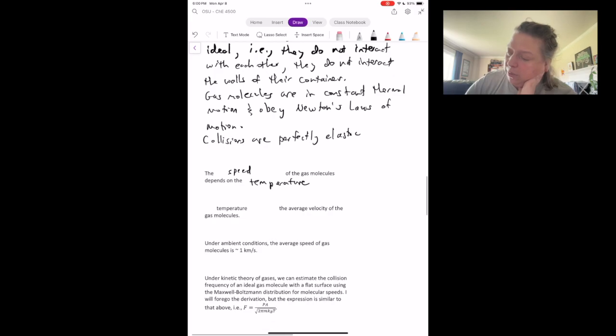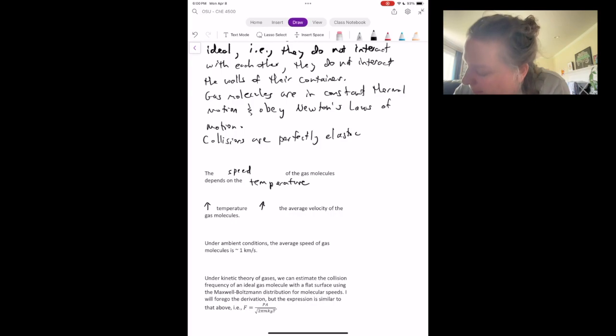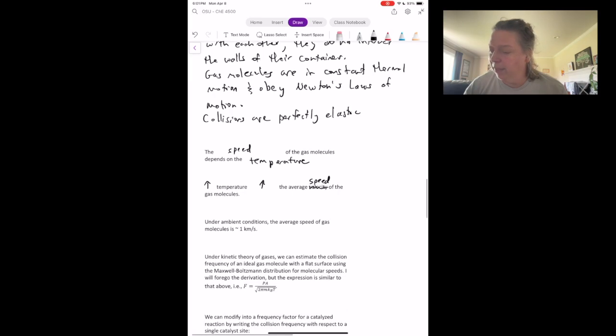If the temperature goes up, the average speed of the gas molecules also goes up. Under ambient conditions, the average speed of the gas molecules is about 1 kilometer per second. So they travel quite fast.